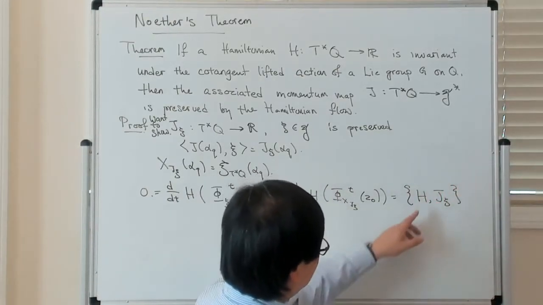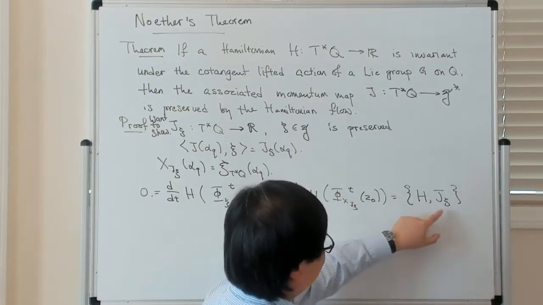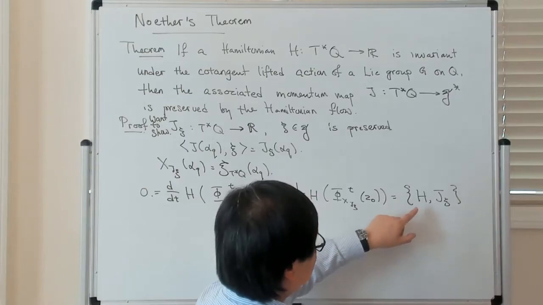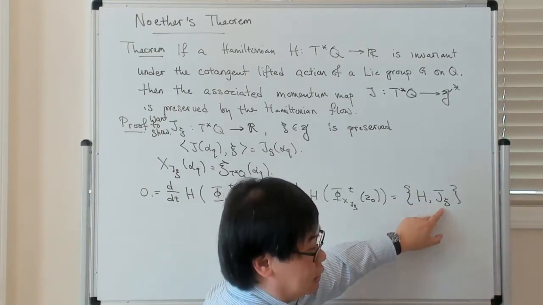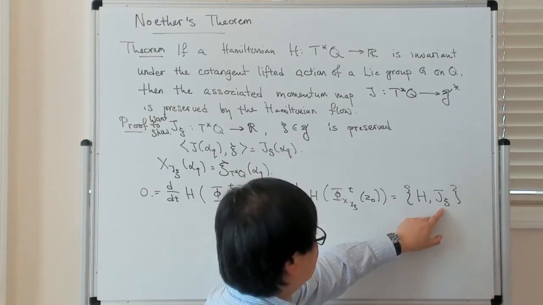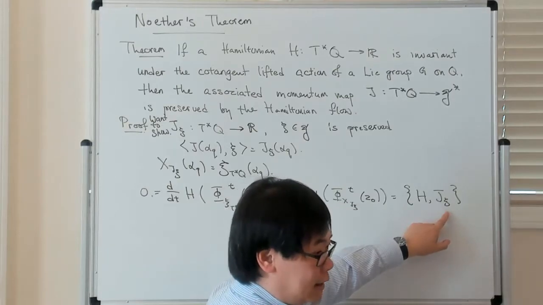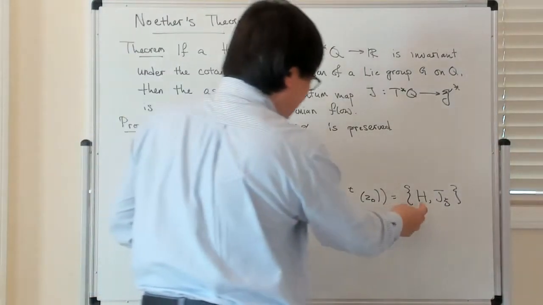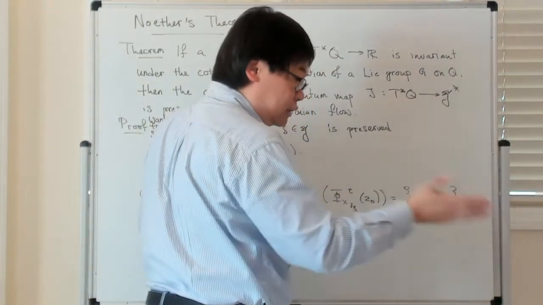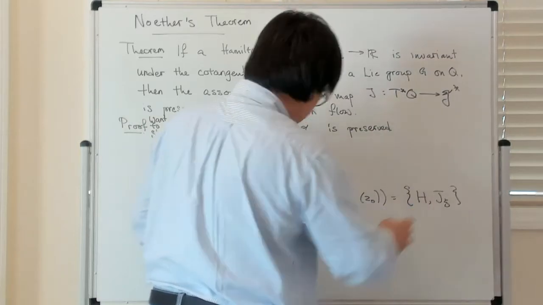More or less, we showed that the bracket of one function with another function is the time derivative of the first function evaluated along the solution curve of the Hamiltonian vector field generated by the second function. So I'm looking at how H changes along the solution curve of the Hamiltonian vector field generated by J_C.